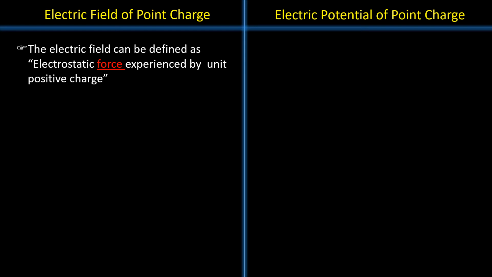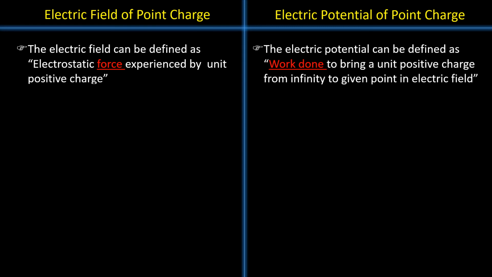Whereas when we talk about electrostatic potential, it is work done to bring unit positive charge from infinity to given point in electric field. So work done we are talking about, and work done is scalar, so potential is also scalar.